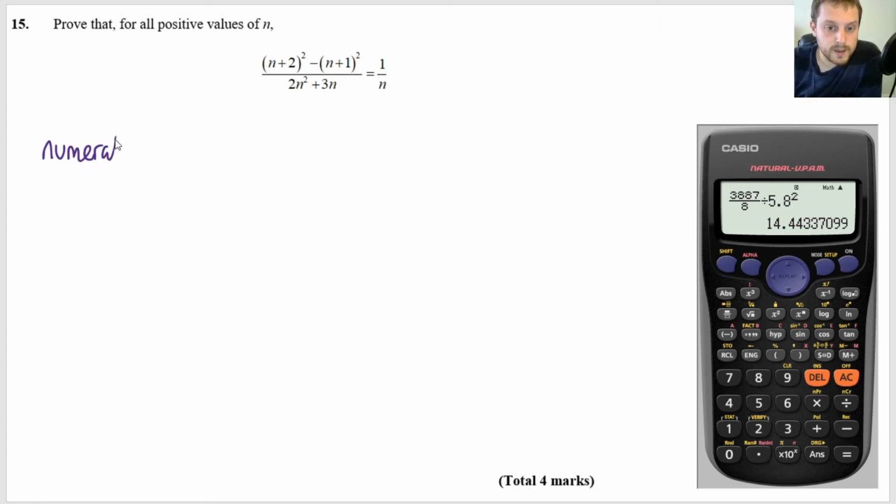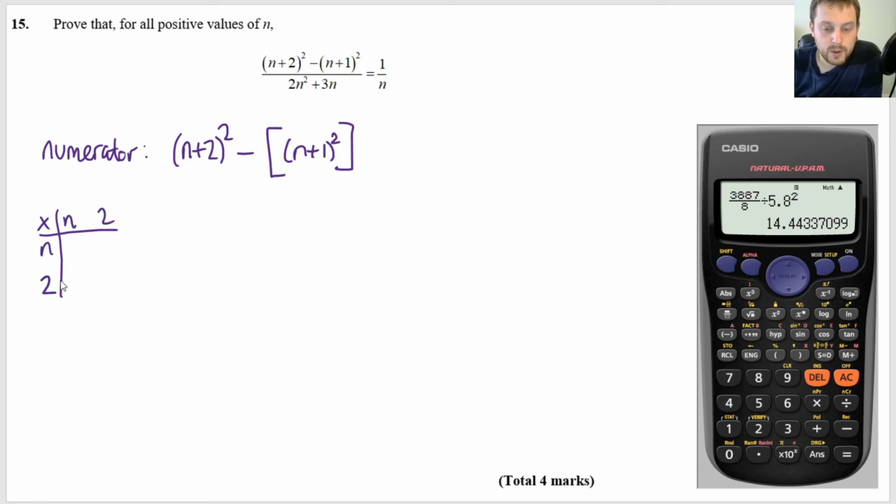So the numerator. So I've got n plus 2 squared minus, and I'm going to put it in big brackets because I want to figure this out, and then I'm going to subtract it. So let's work out what n plus 2 all squared is, and we should also figure out what n plus 1 all squared is, because that's literally in the question.